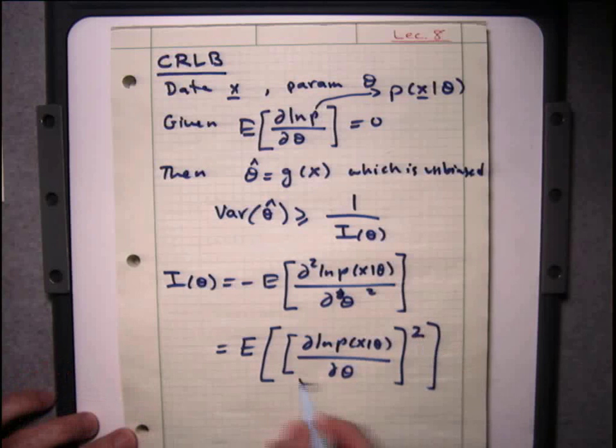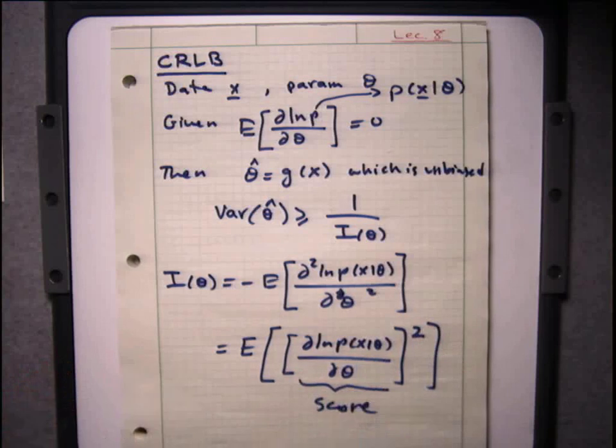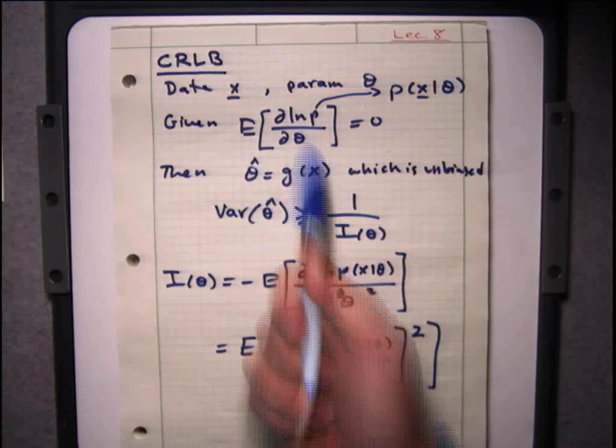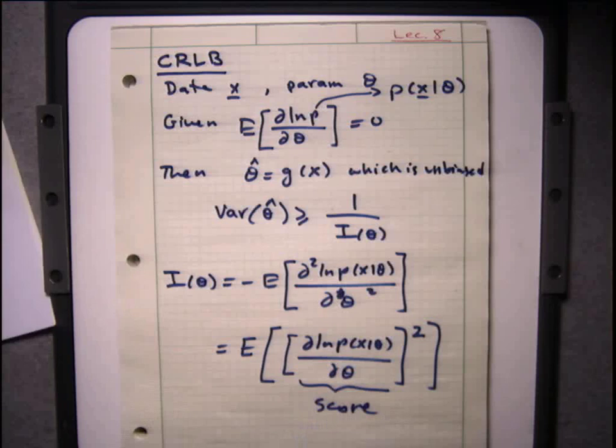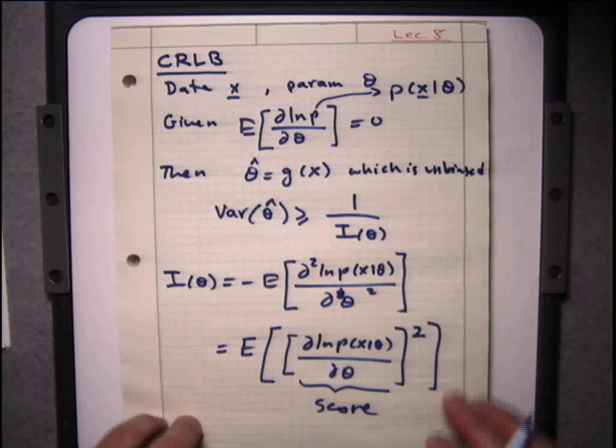This thing here was called the score function. And the score function has zero mean, that's this condition. Another way to think about it is it's the variance of the score function. Okay, that's the information. All right, so this is the summary from last time.